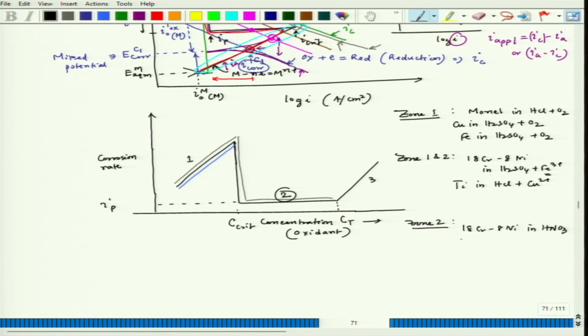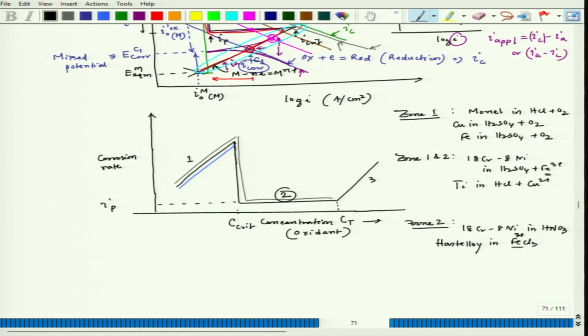Okay. Similarly, we can have Hastelloy, which is a nickel base alloy, in FeCl3. So, here Fe3+ is the oxidant. There also it gets to zone 2, which is the passive zone, immediately once you dip it in that medium. So, this is zone 2, only the metal in case zone 2 is observed.